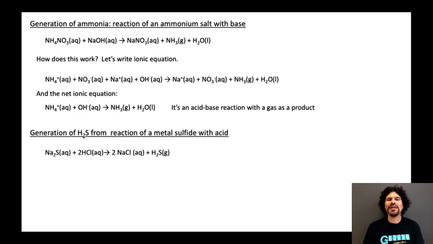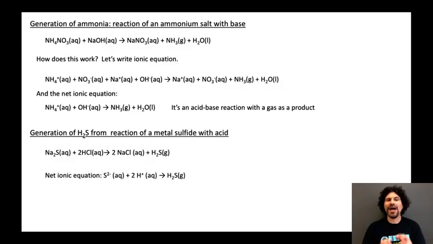The next reaction I want to consider is the generation of hydrogen sulfide from reaction of a metal sulfide with acid. In this case, we're going to look at sodium sulfide reacted with hydrochloric acid, and that's going to generate sodium chloride in solution and H2S gas.